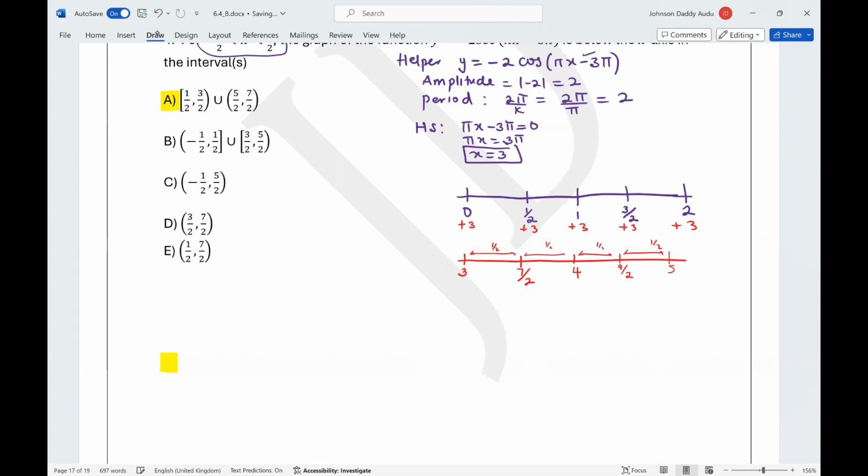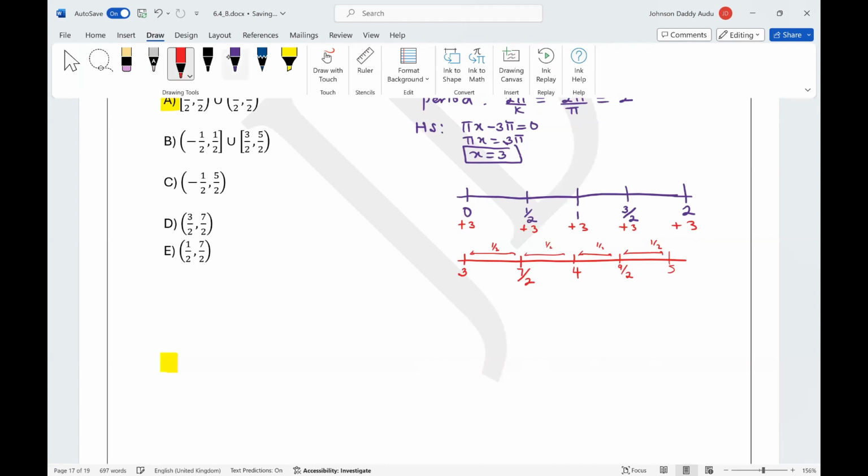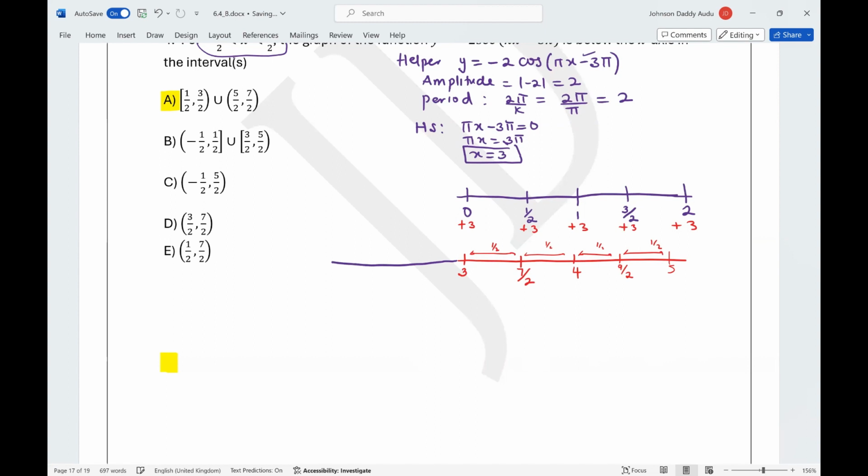So let me extend this line. So I will extend this one now. This is the addition, the one I'm adding. So if this is 3, definitely this is going to be 2.5, right? Which is going to be like 2.5. And this is going to be what? 2.